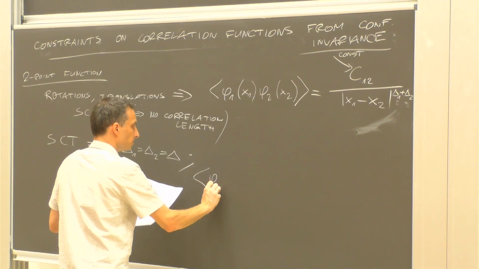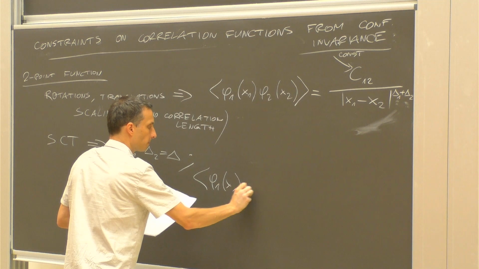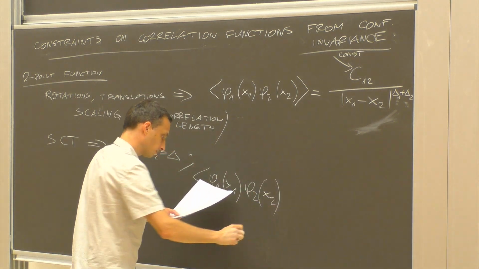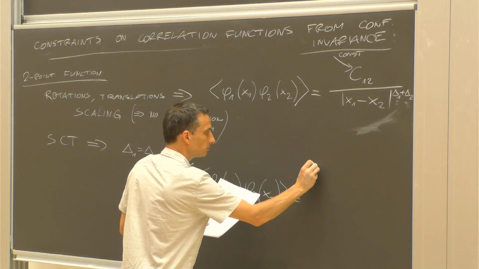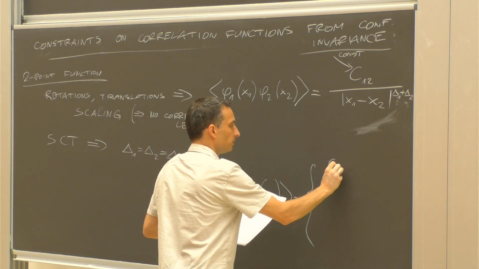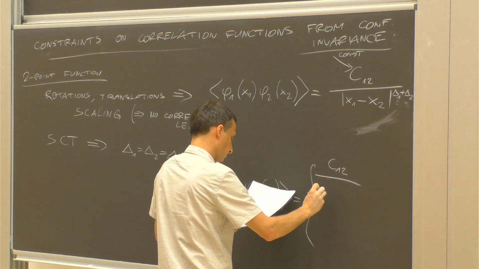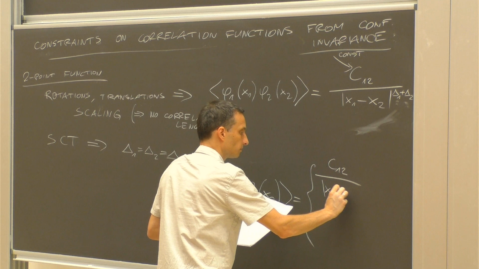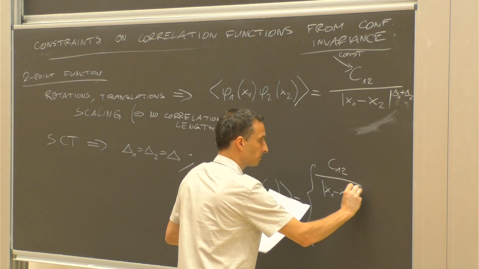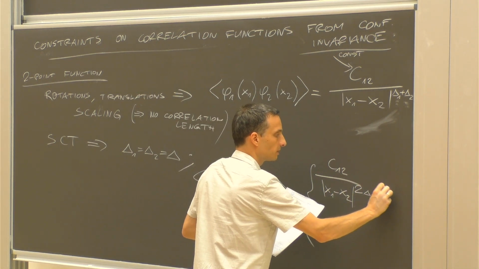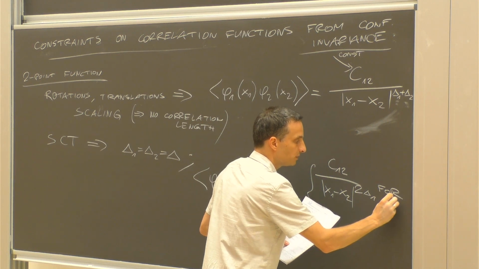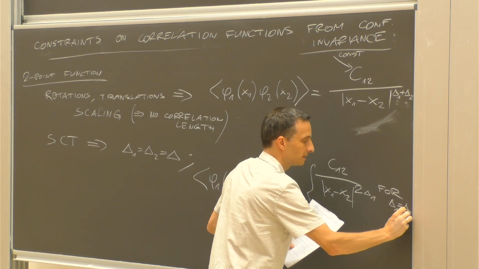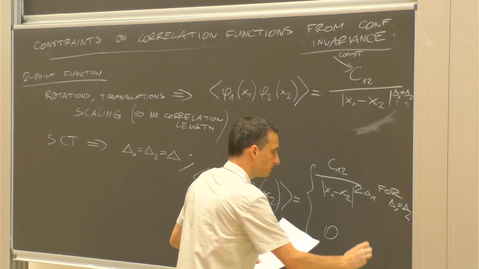So just to sum up, two-point functions have the following form, if we have two fields which have the same dimension, or they are just 0.